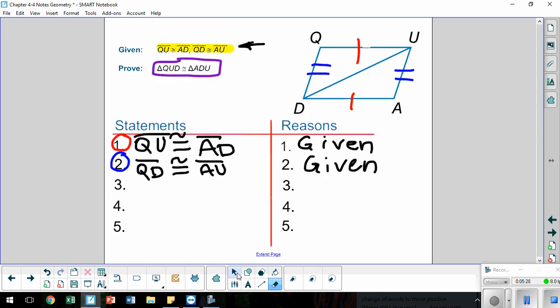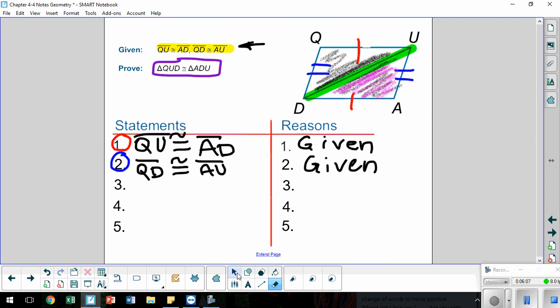Let's go back. So if we're looking at this picture of this parallelogram, do you see two triangles that share something? So this triangle right here and this triangle right here, do you see how they share something? Do you see that they share a common side, right there?